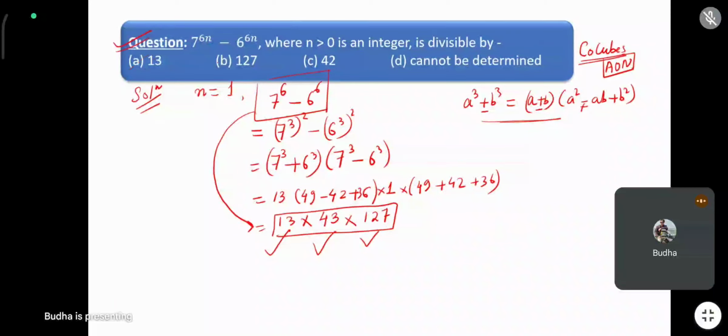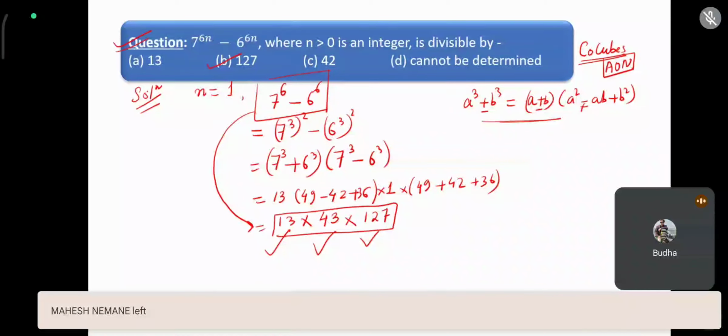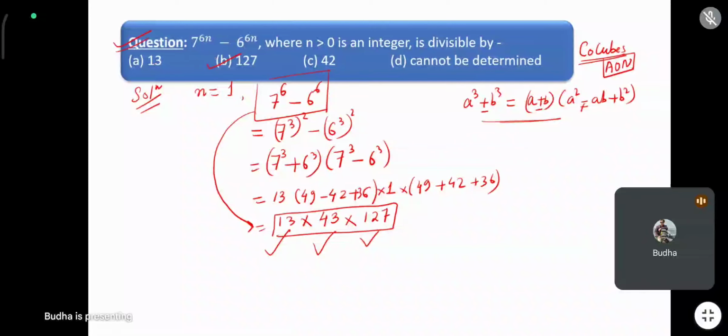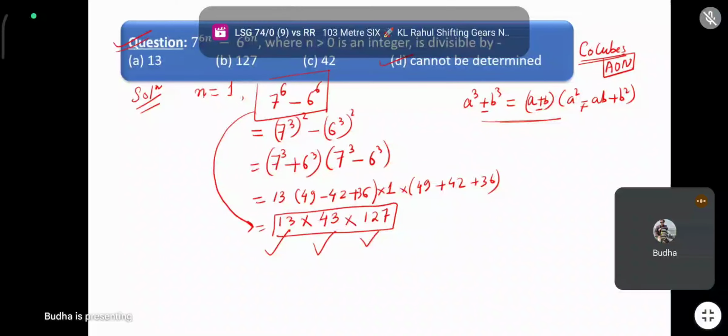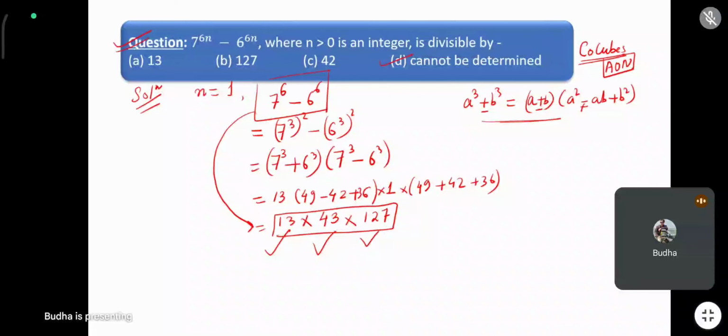And if I take 127 as the correct answer, that means 13 is not the correct answer, which is incorrect. So if you have two correct options and it says only one is correct, your answer will be cannot be determined. Clear? So this is one trick people used to put in.